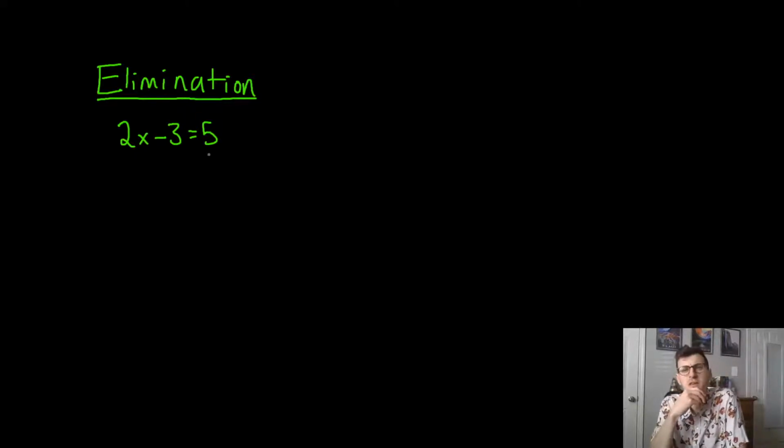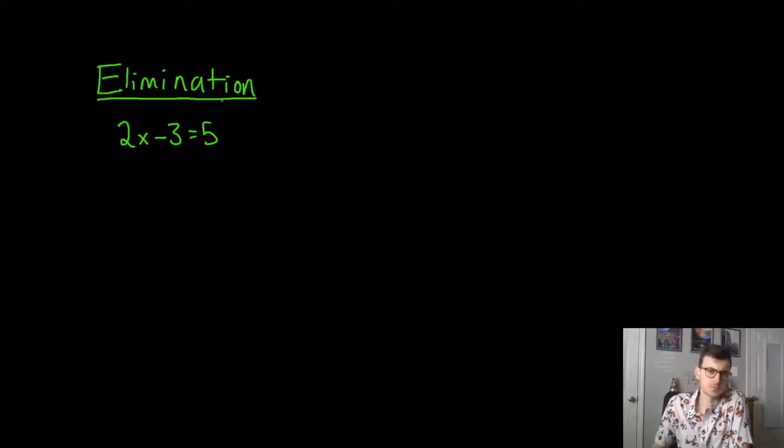And in the past, you've already used elimination to solve equations, you just didn't know it. Let's look at an example. If I took the equation 2x minus 3 equals 5, how would you go about solving that?